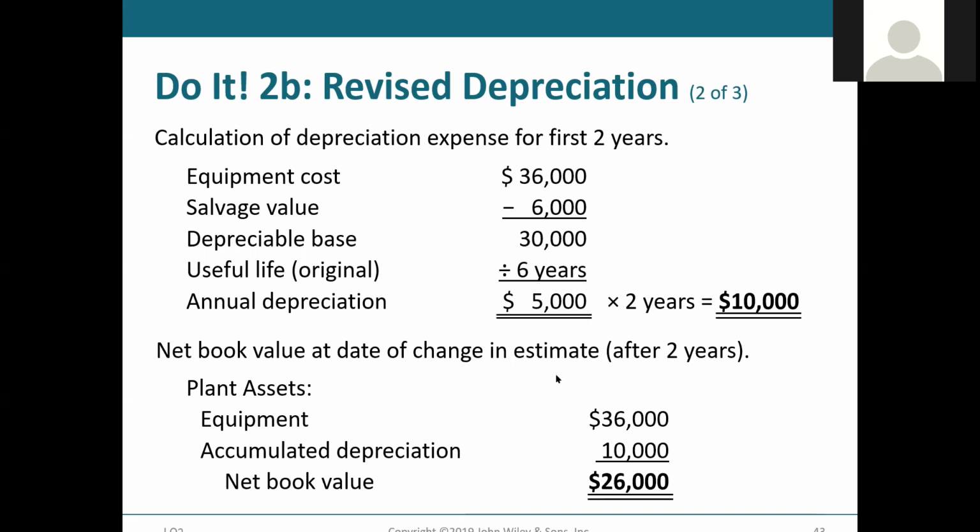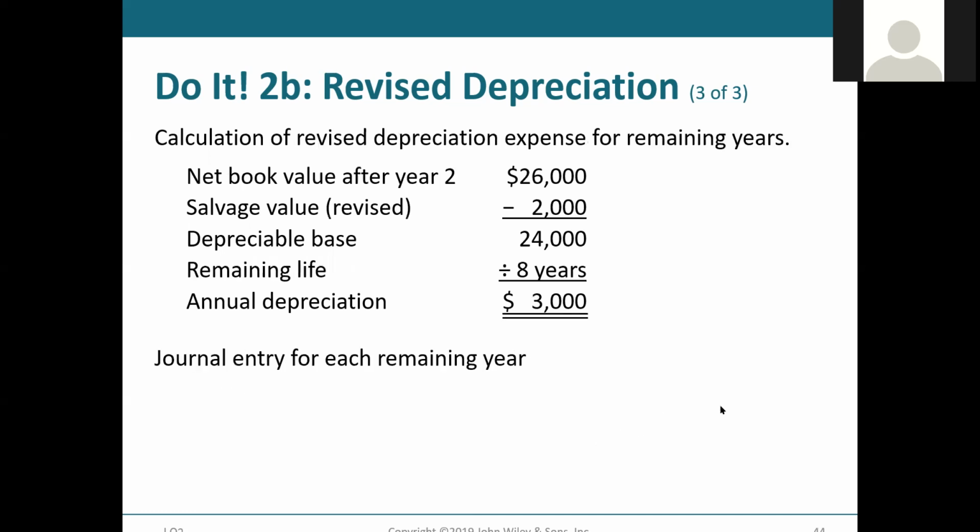So the net book value at the change of the asset is $36,000 minus the 10. Your net book value is $26,000. Now we have a new salvage value that they gave us and a new remaining years. In this case, it's 8 years, $3,000 a year.